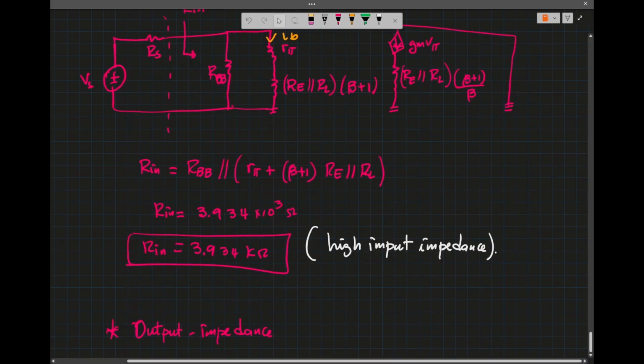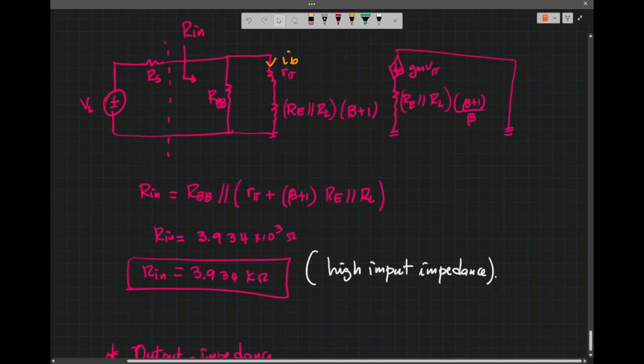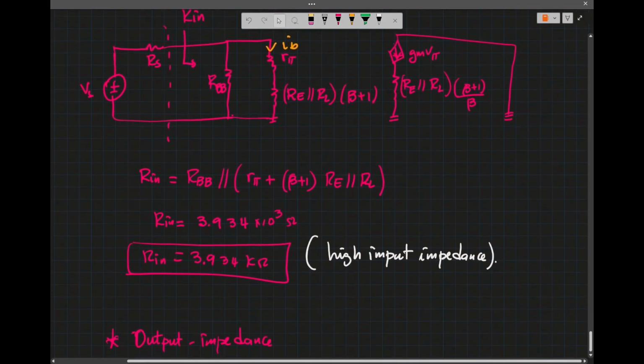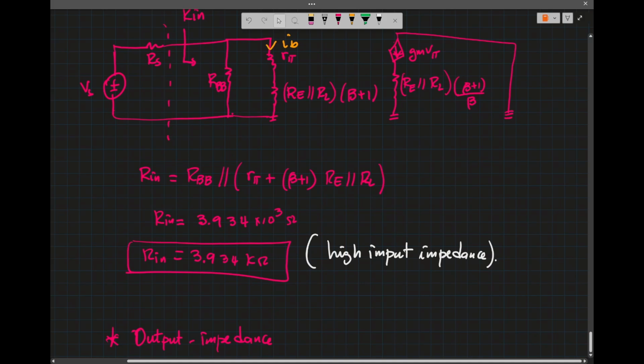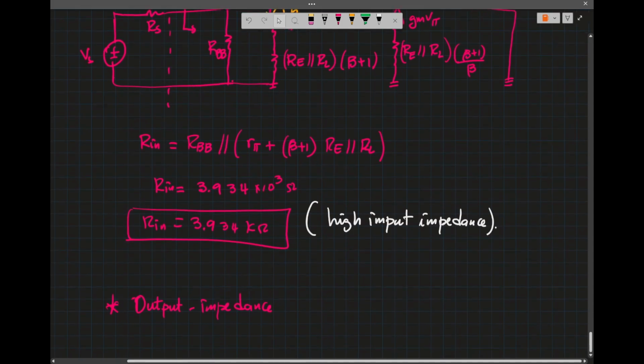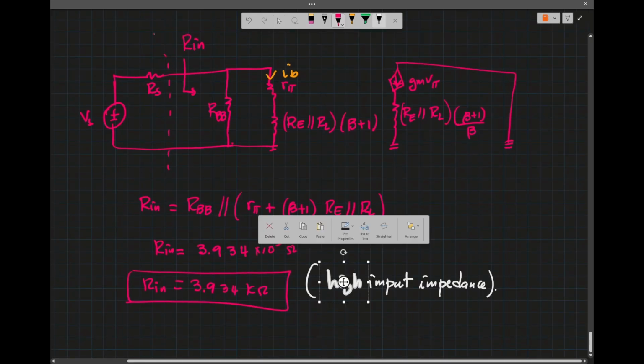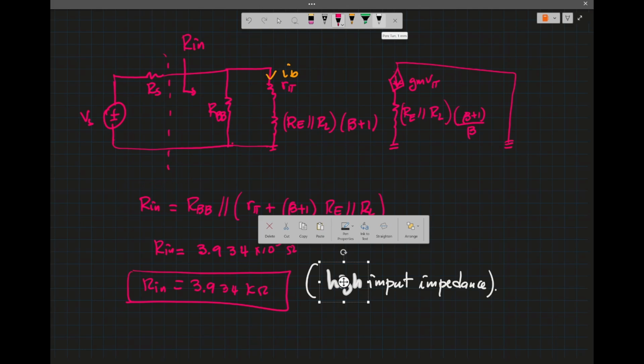Now for the input impedance, maybe I should mention that also from here. To find the input impedance, before we do the output impedance, there's another way to do it. If I copy this network, let me show you this as well.